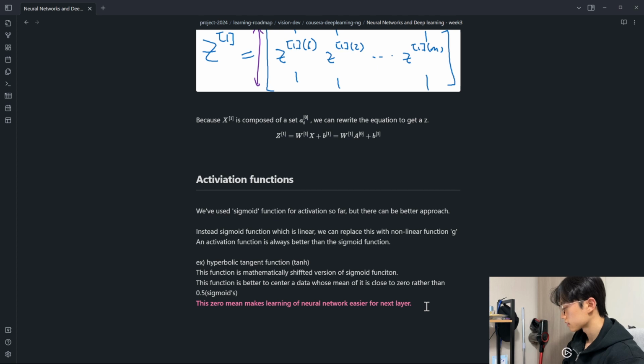The one exception is for the output layer, because if y is either 0 or 1, then it makes sense for y hat to be a number between 0 and 1 rather than between -1 and 1.